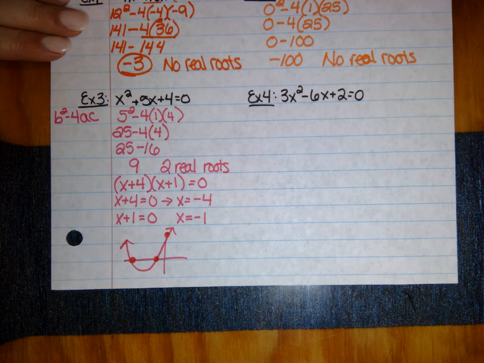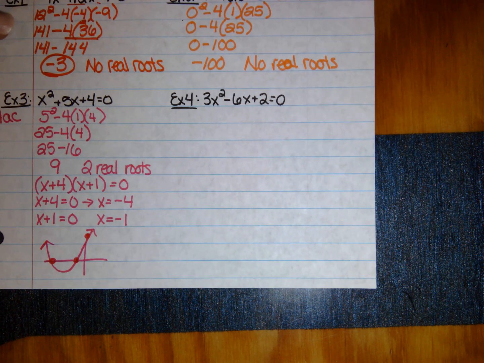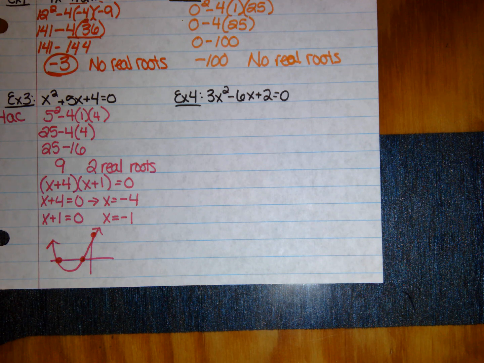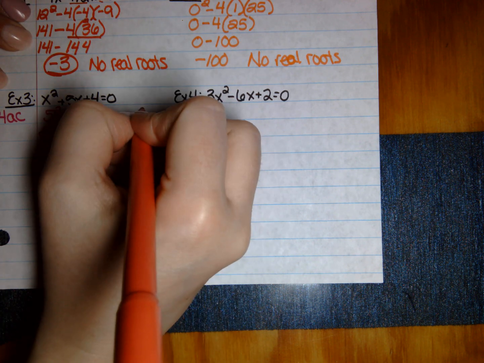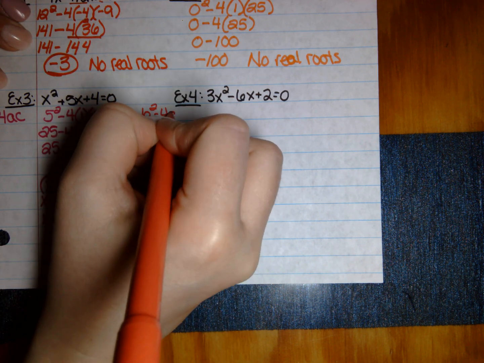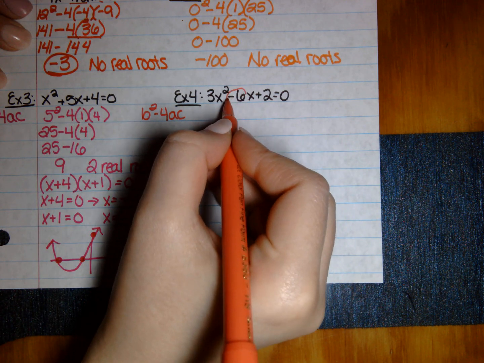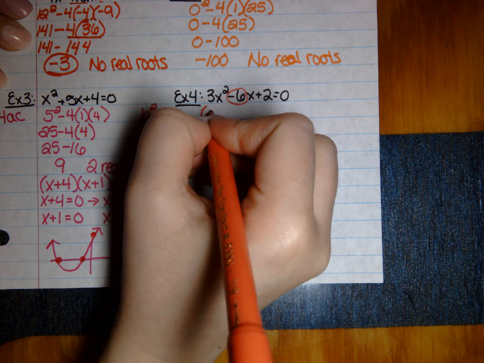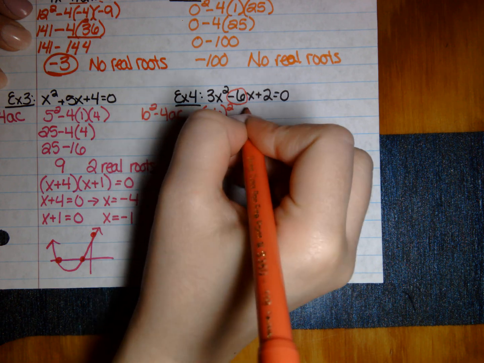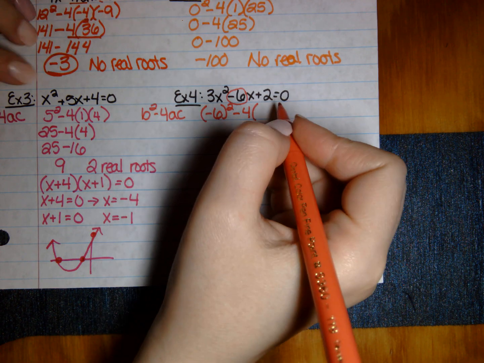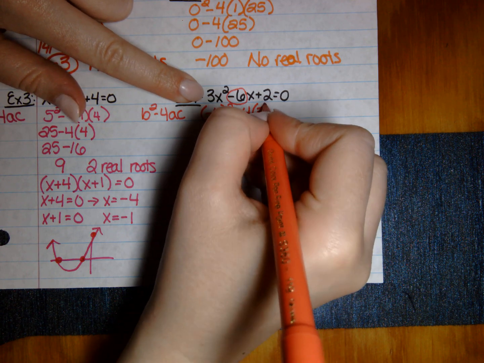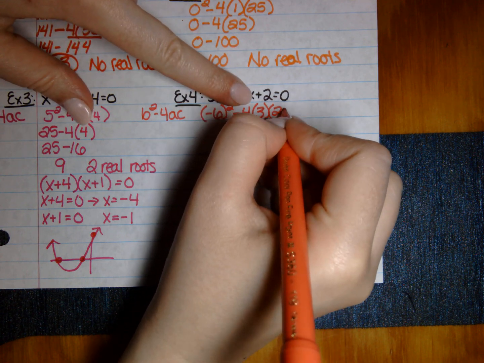And for the last example, example 4, again, we're using b squared minus 4ac. So my b in this case is a negative 6, so I would have negative 6 squared minus 4 times my a, which is a 3, and my c, which is a 2.